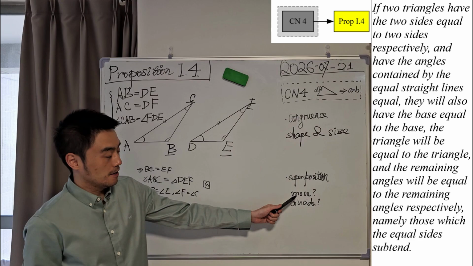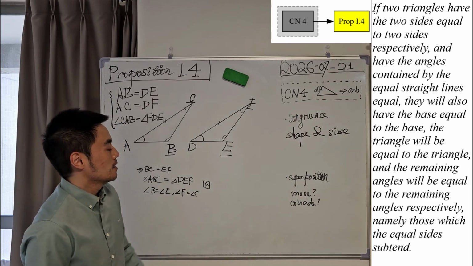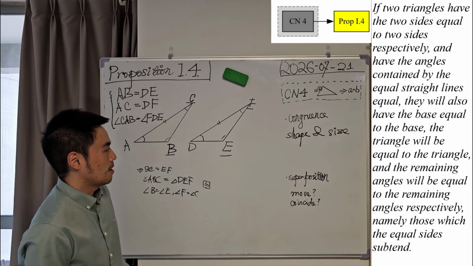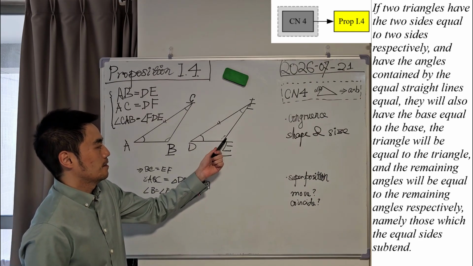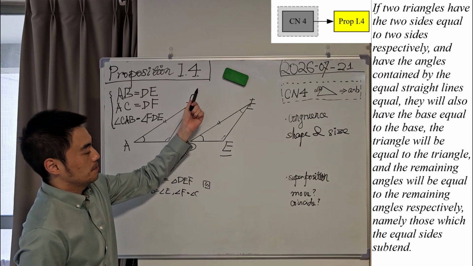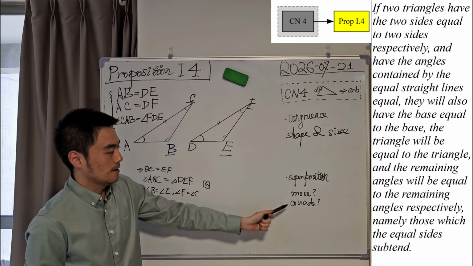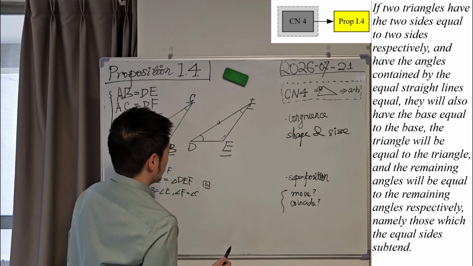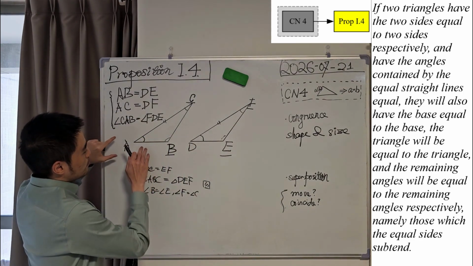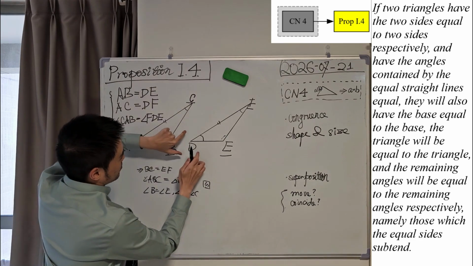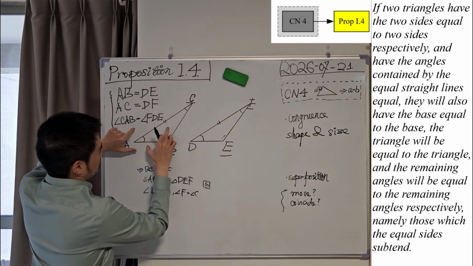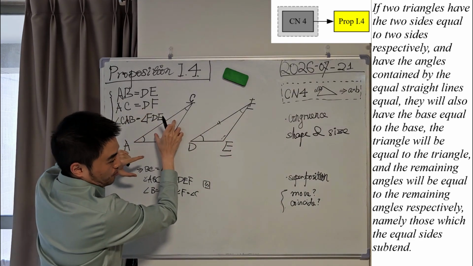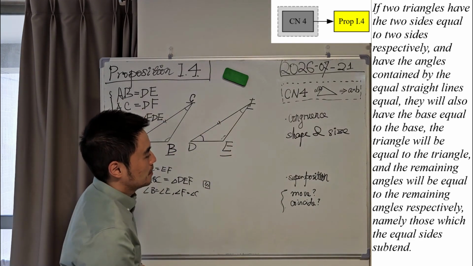Let's talk a little bit about the superposition, okay? Nowadays in modern mathematics, people are arguing about the way to prove this proposition because there are two arguable points. First of all, Euclid said we will need to move point A to point D, or we will move this triangle onto this triangle, or let's say this triangle will be superposed on this triangle.